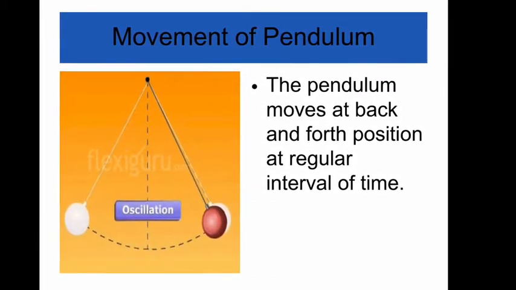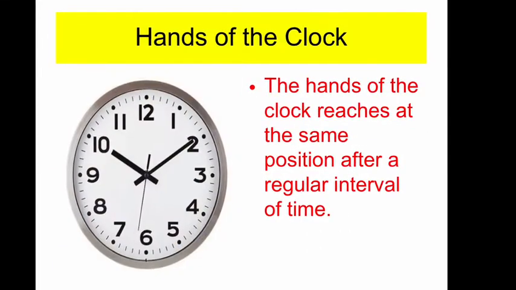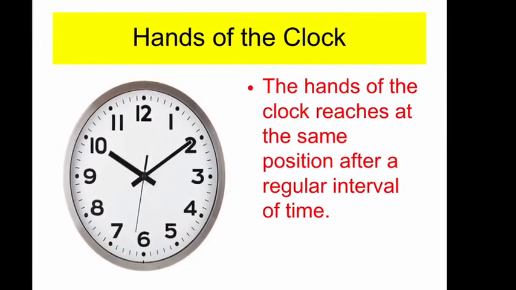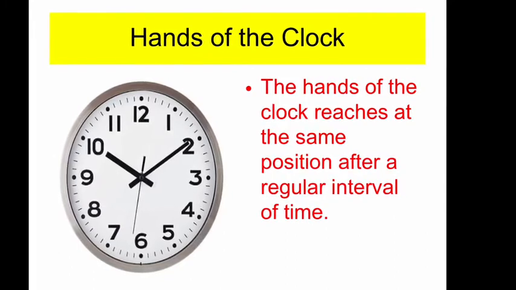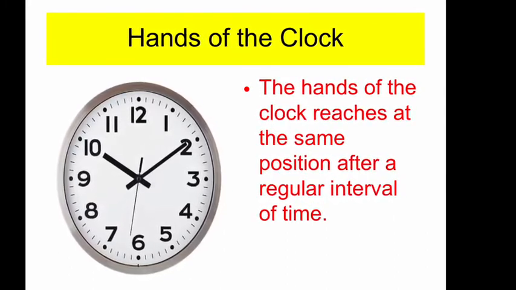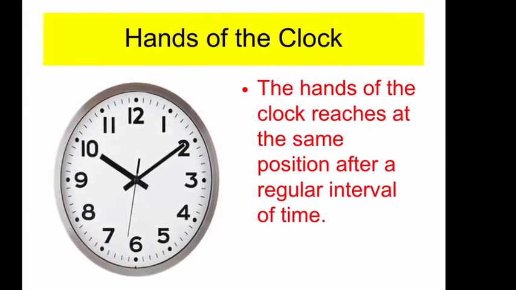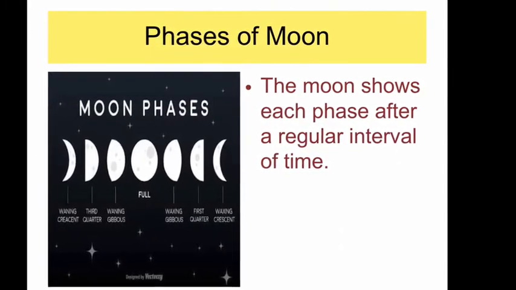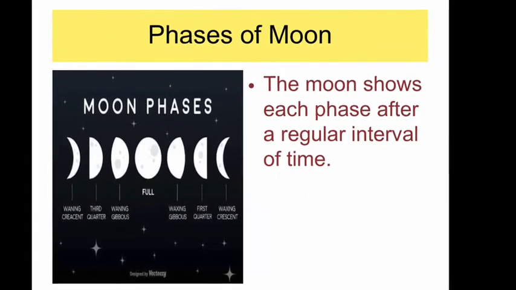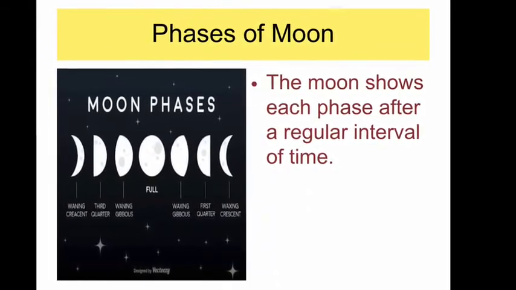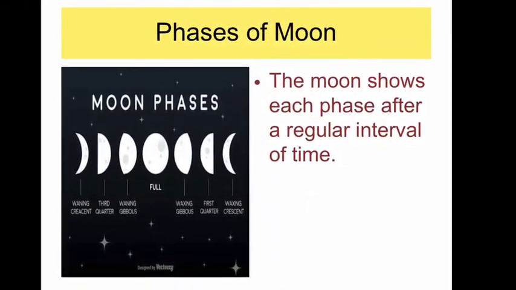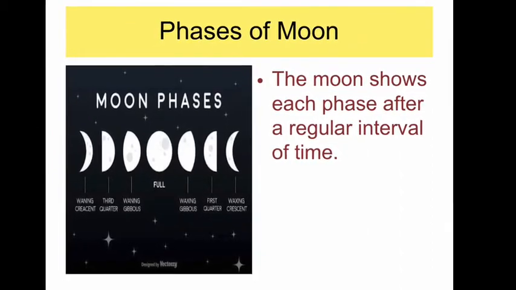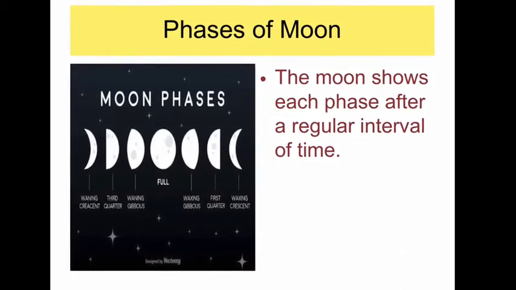Our next example is the hands of the clock, which reach the same position after a regular interval of time. The next one is the phases of the moon. The moon has many phases, and it shows each phase after a regular interval of time, so it is a periodic change.